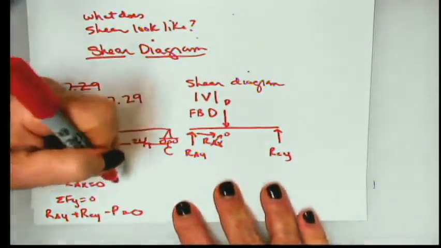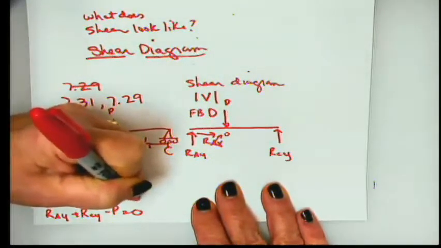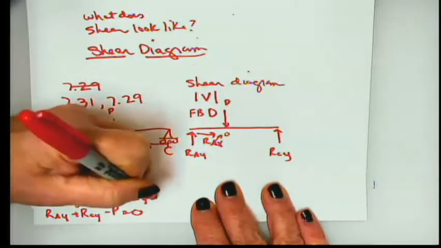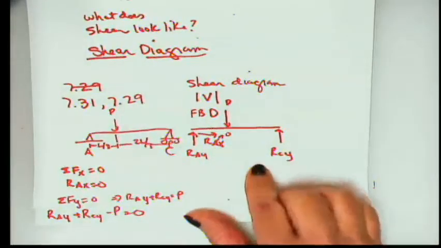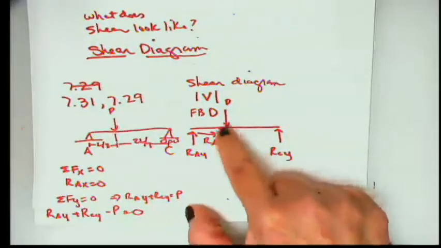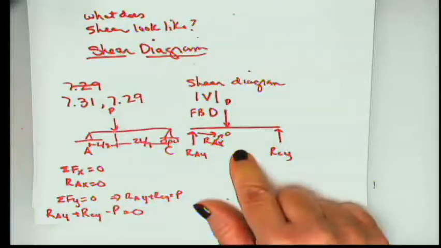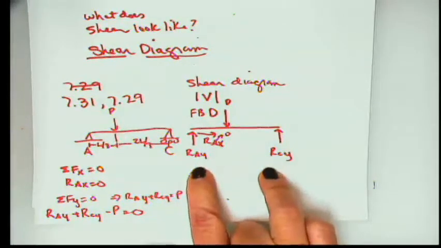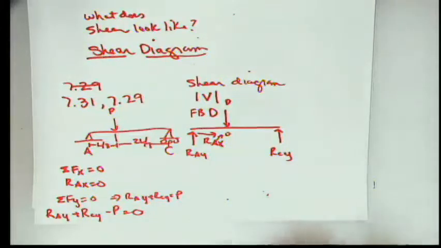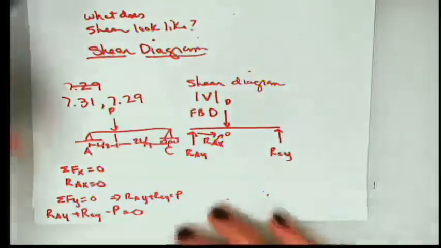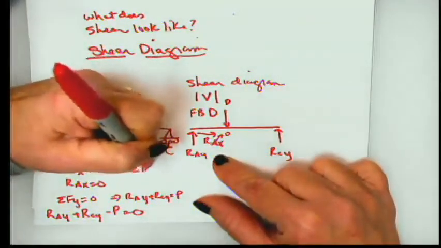So we know that RAY plus RCY is equal to P, but we can't tell how much of it is borne over here and over here. If this were smack in the center, we could probably assume it was borne equally. But since it's not, we're going to have to sum moments about a point in order to find out what that load is. All right, so let's say the summation of moments about point A.